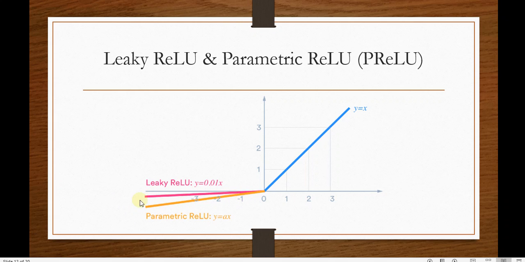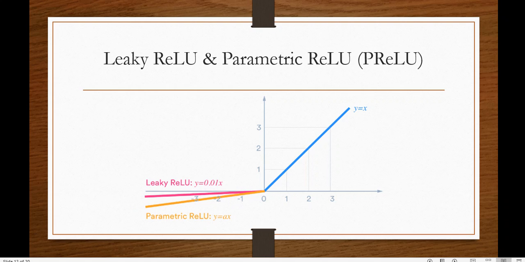As I change the value of x, I can see a change in the y value as well. So there was the vanishing gradient problem in the negative axis, but now it is not like that. Here I can see the change in the x value in the negative axis reflected in the calculation of the y value.